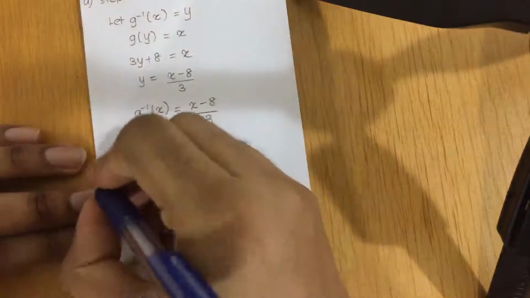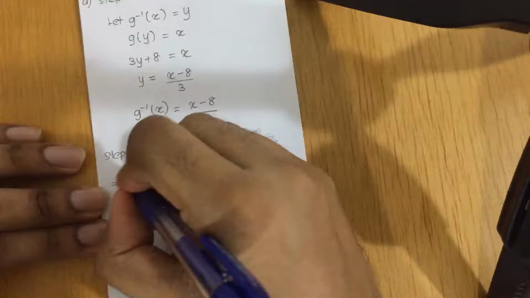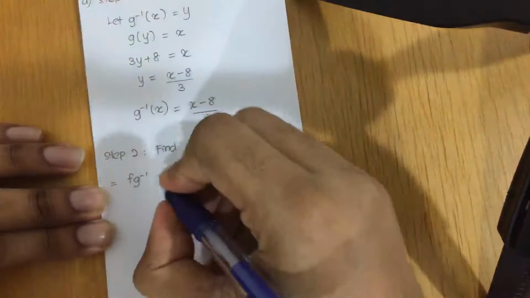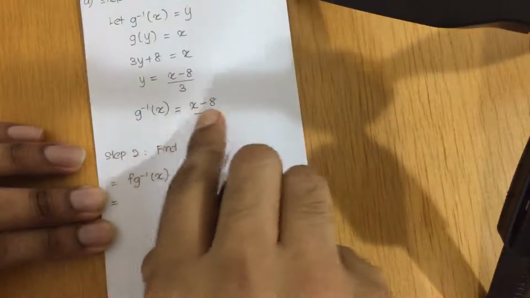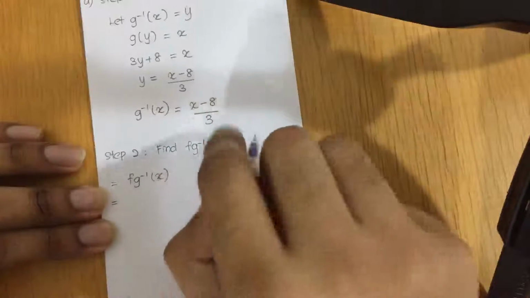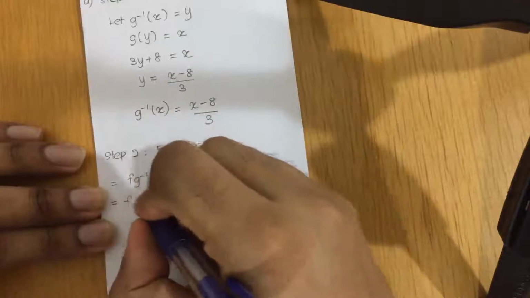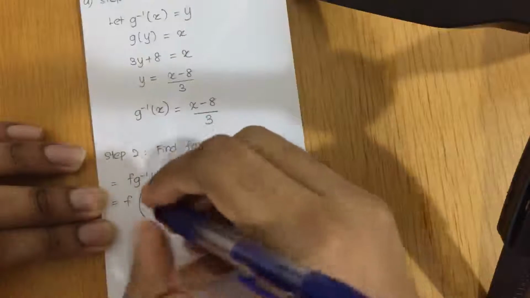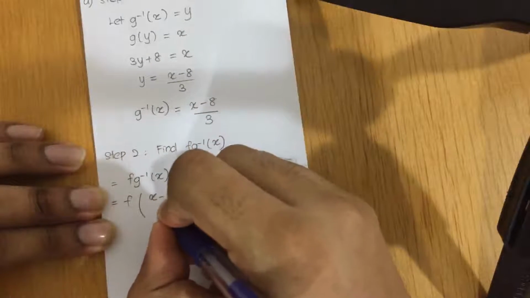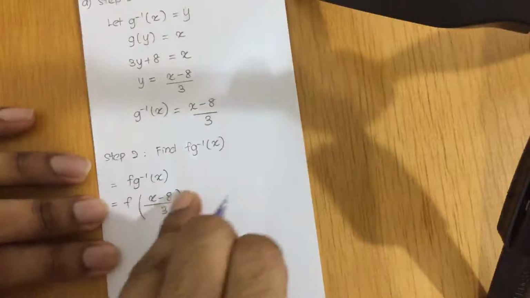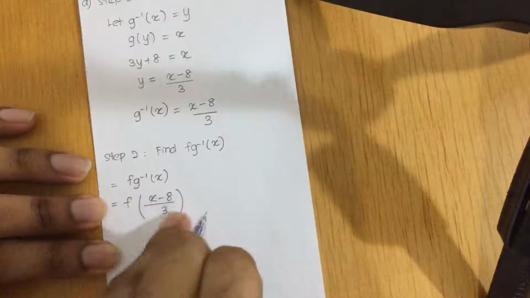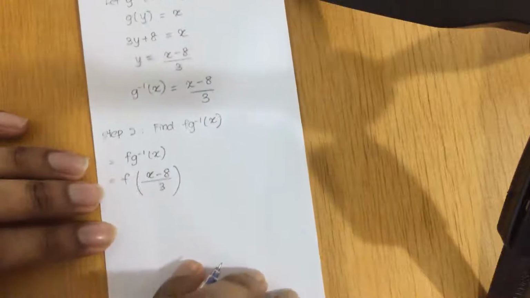Okay, let us start. Fg inverse x, so your g inverse is x minus 8 over 3, and this x minus 8 over 3 will be mapped into the function f.